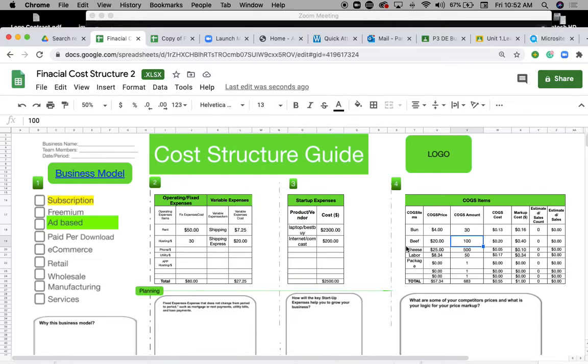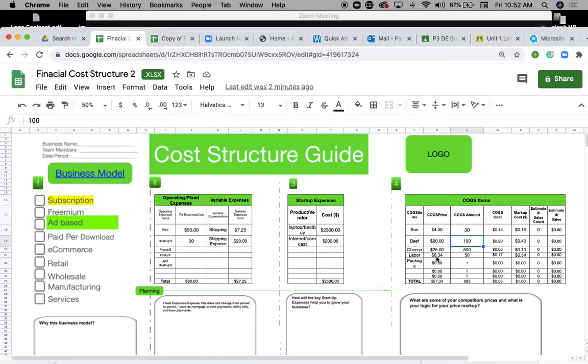Okay? Cheese is a big factor. Same concept: I go to the wholesaler, purchase some cheese, $25, I get 500 slices of cheese. I divide those two, I get 5 cents. Labor becomes an issue.